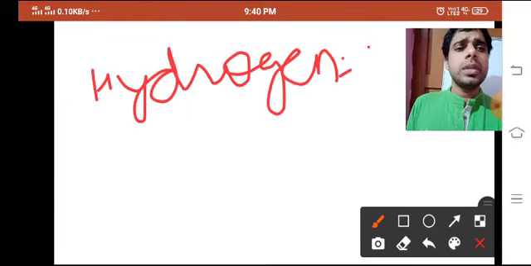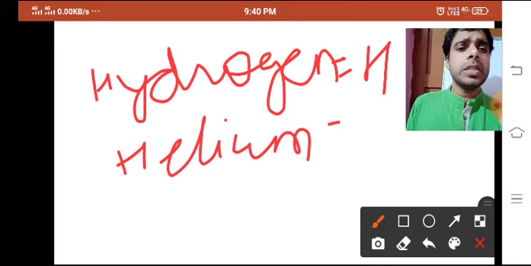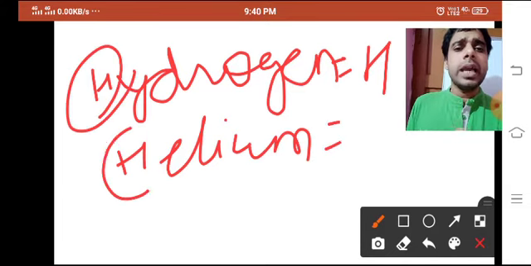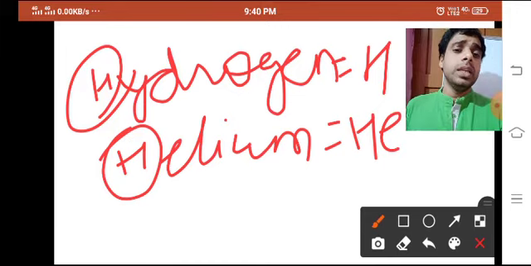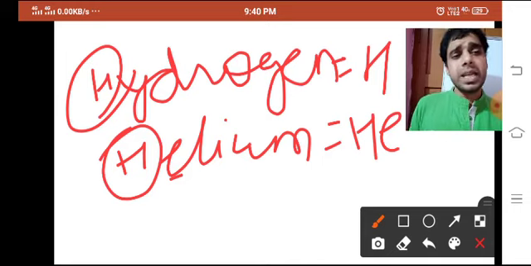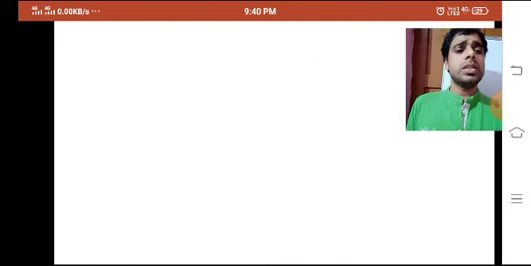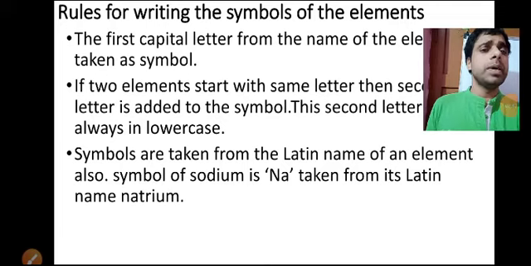Hydrogen is capital H, and helium also starts with H, so I take H and the lowercase next letter, e. This is what you should understand: the first letter, and the next letter in lower case. Then we will see the rules for writing the symbol of an element.